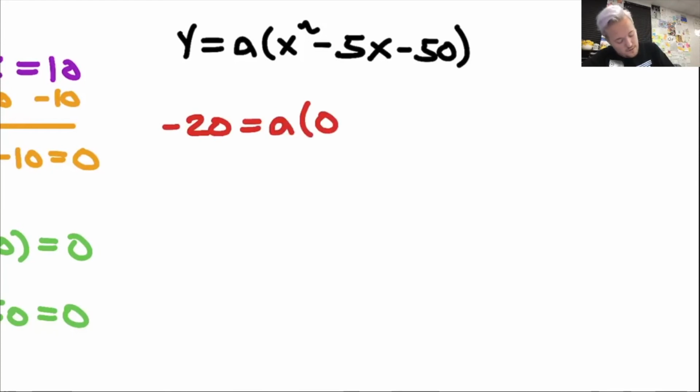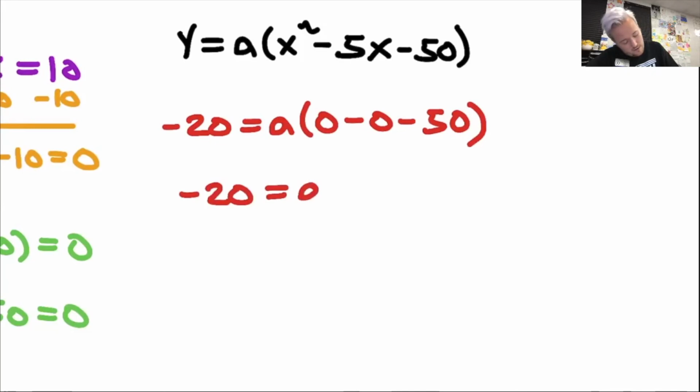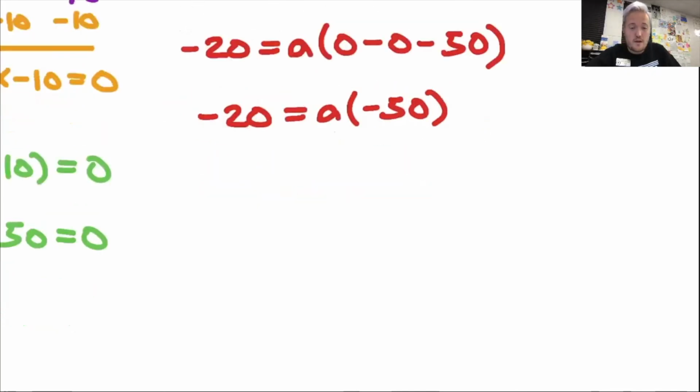So we're going to have 0 minus 0 minus 50. All right, so I'm going to have -20 equals a parentheses -50. So when I simplify, we're going to divide over that -50.